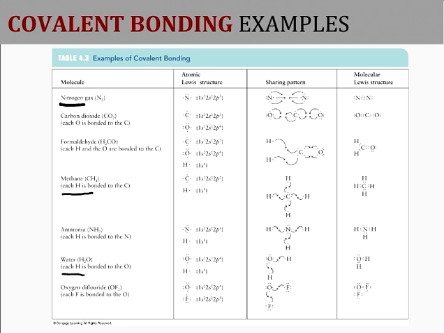But in addition to that, this table shows carbon dioxide, formaldehyde, which is used to preserve deceased bodies, just to put it mildly there. Ammonia, which is used as a cleaning agent, and oxygen difluoride at the bottom. And this is a really cool table that also shows how we draw the Lewis structures, so how electrons pair up.